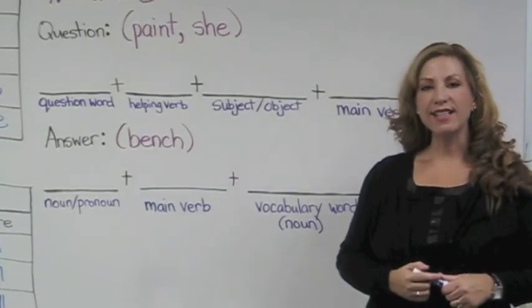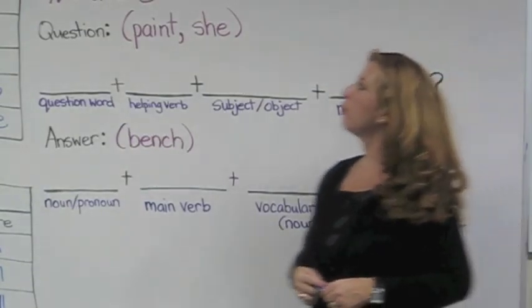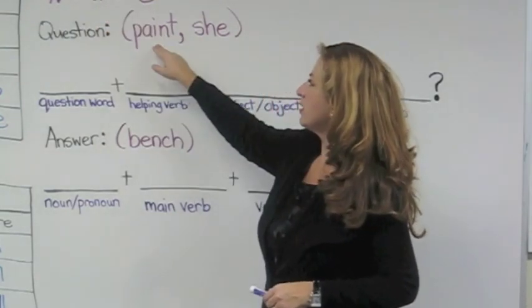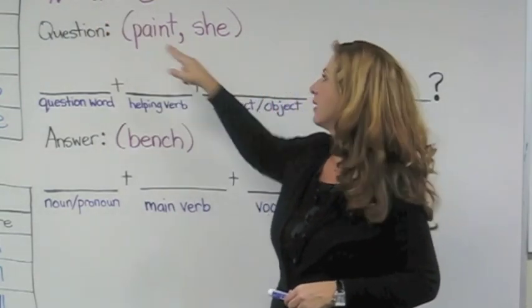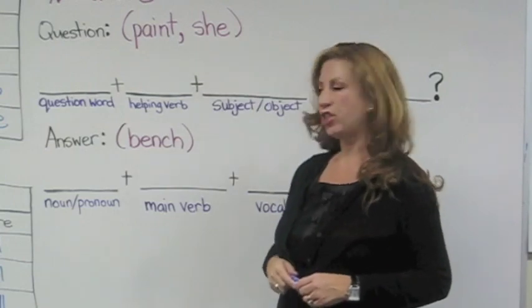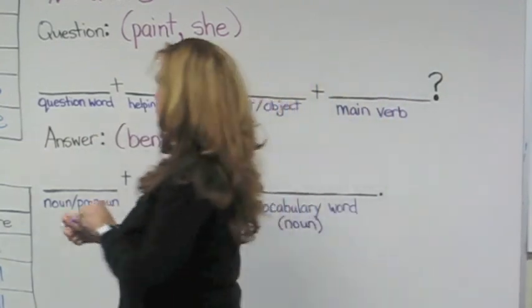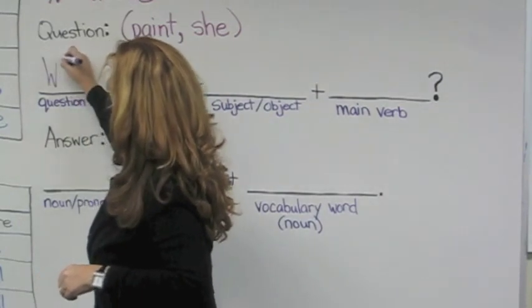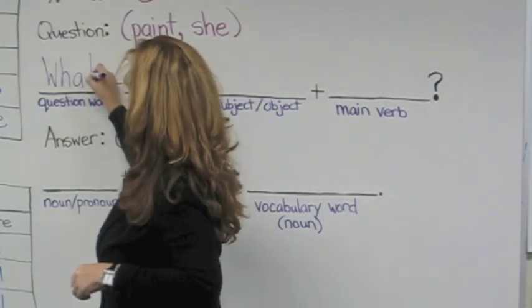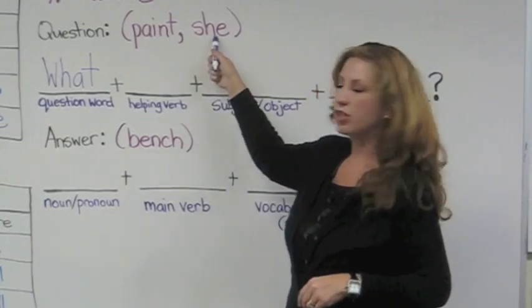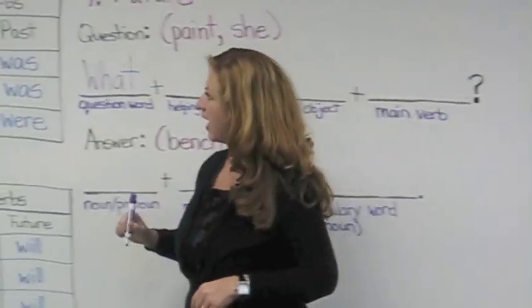Okay, now let's continue with problem 7. Problem 7 is in the future tense, and we're going to use our verb to paint, and our pronoun is she. So let's begin with our question word, which is what. And our helping verb will be according to she in the future tense.